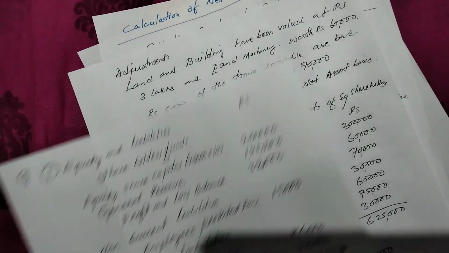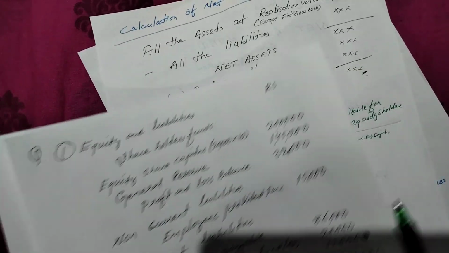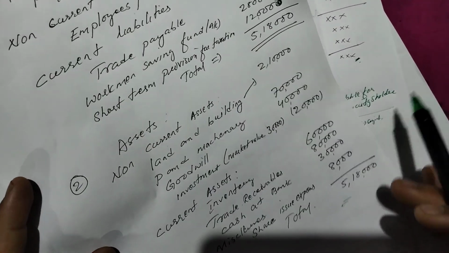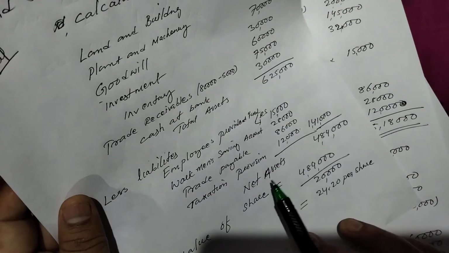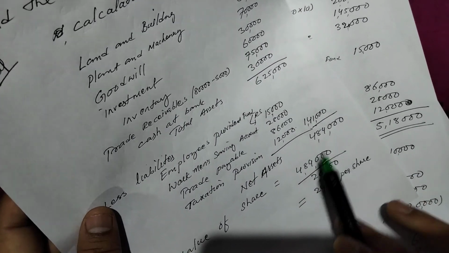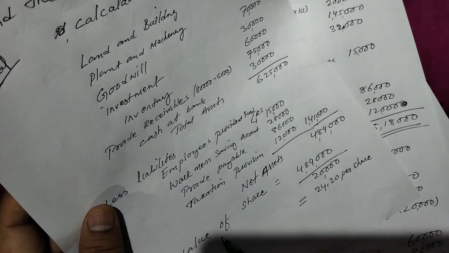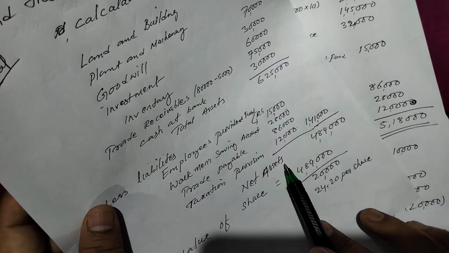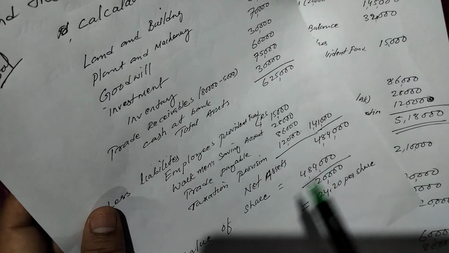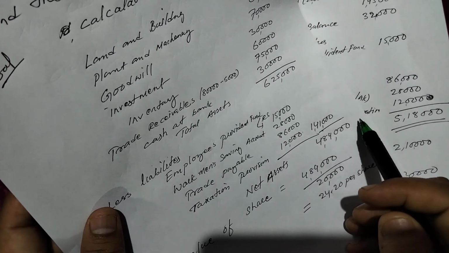Whatever remaining amount will be of the equity shareholders. So after this, since we don't have any claim of preference shareholders, you straightaway write this net asset. This is available to equity shareholders.